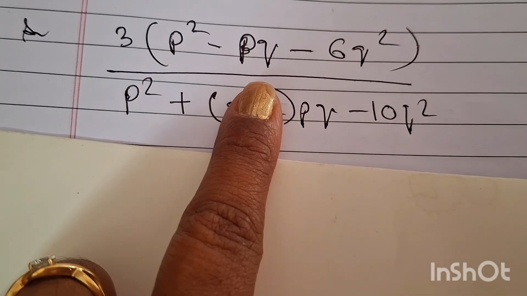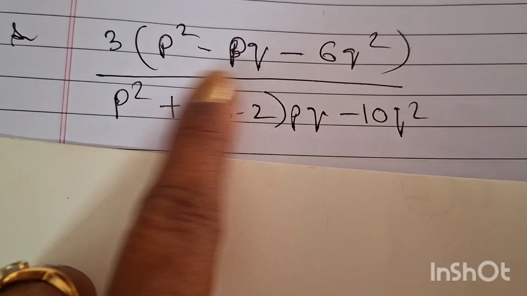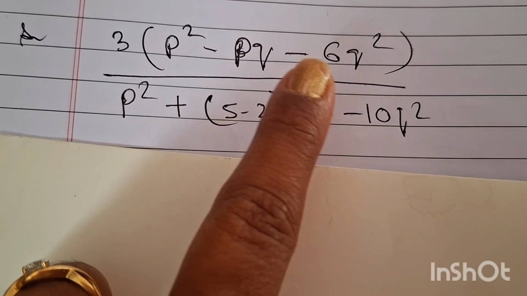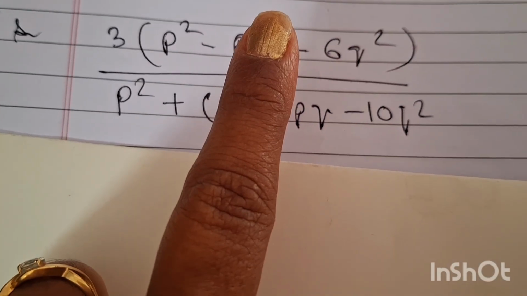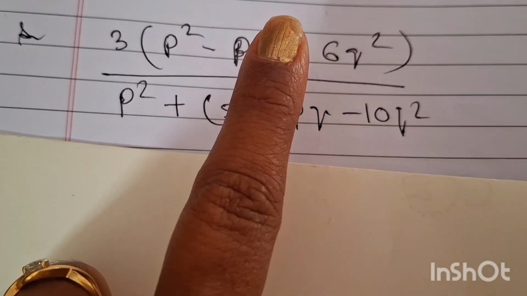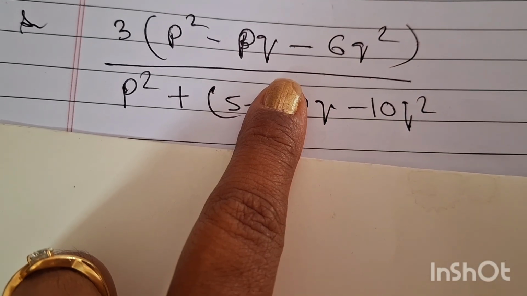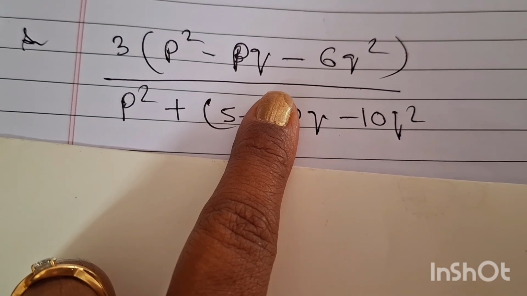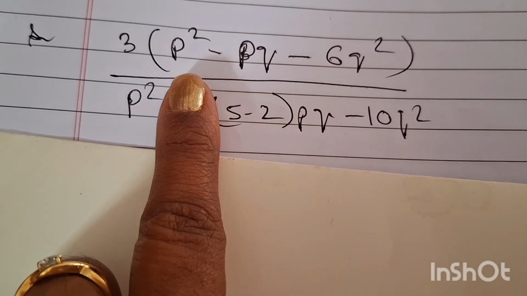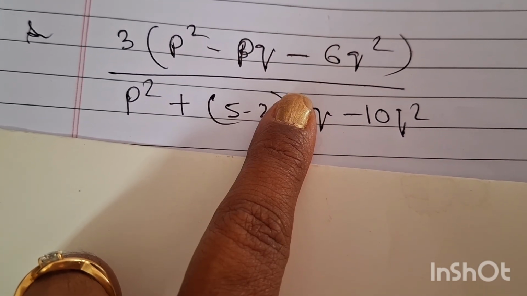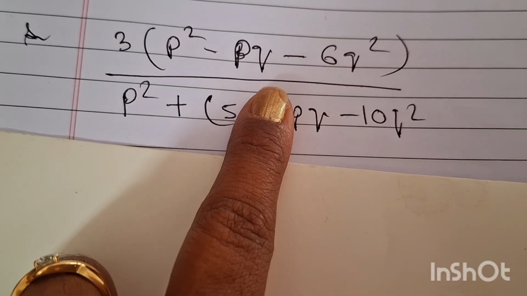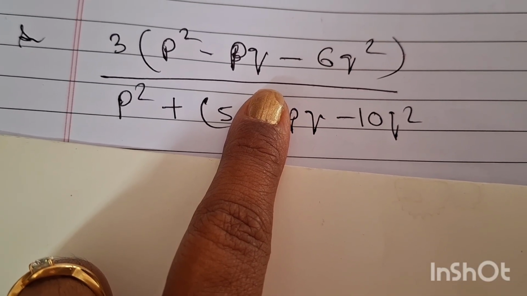As soon as you simplify this term, remember the first step of factorization is take common. First you take common, then you take the formula, and after that, if possible, you will do middle term factorization. These are the three methods.